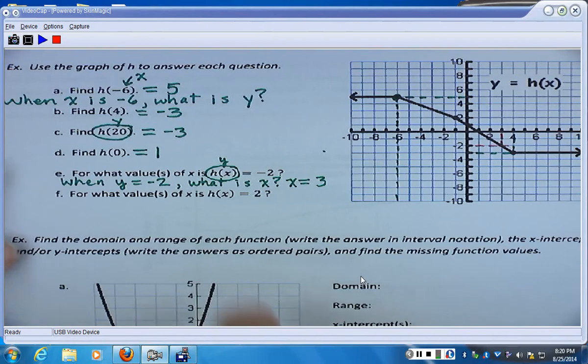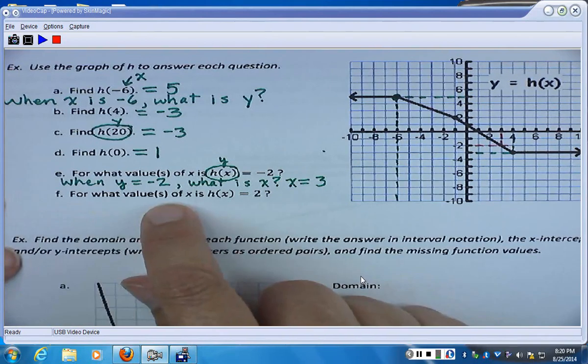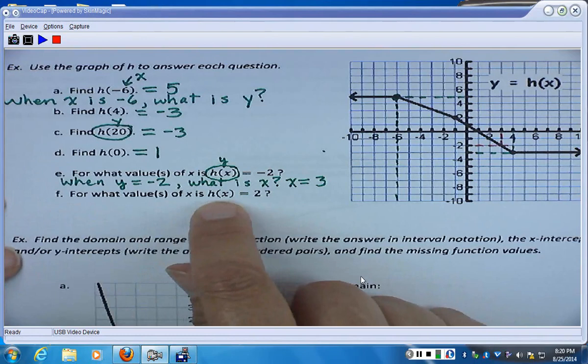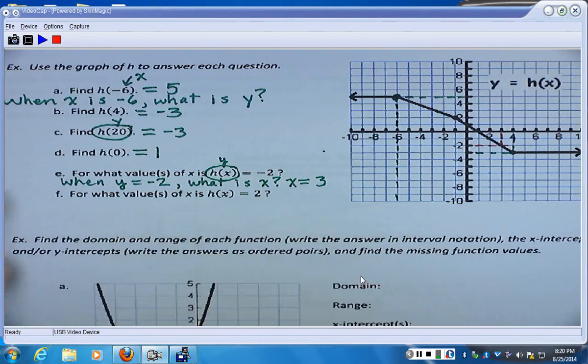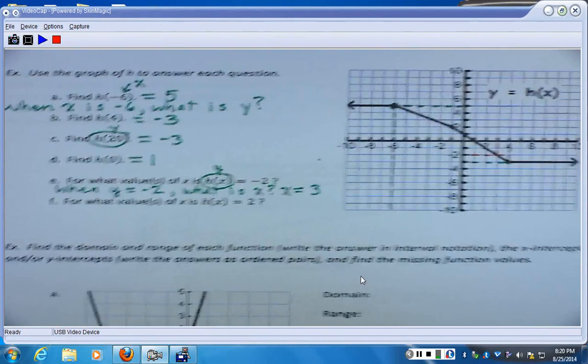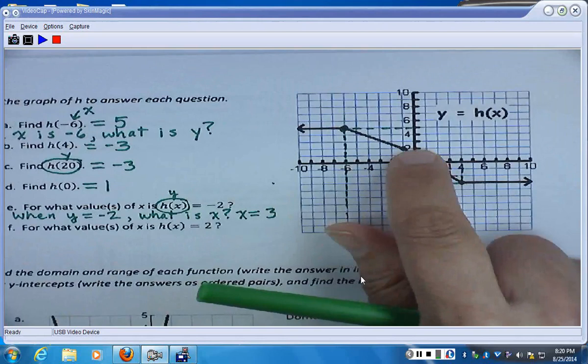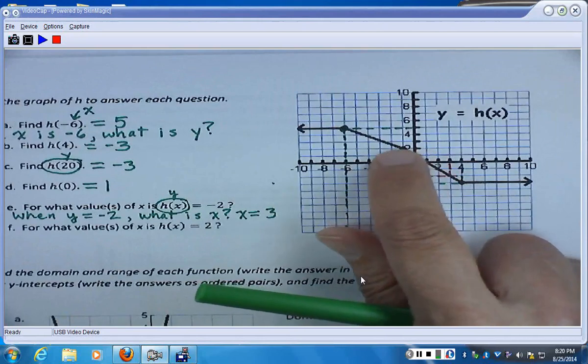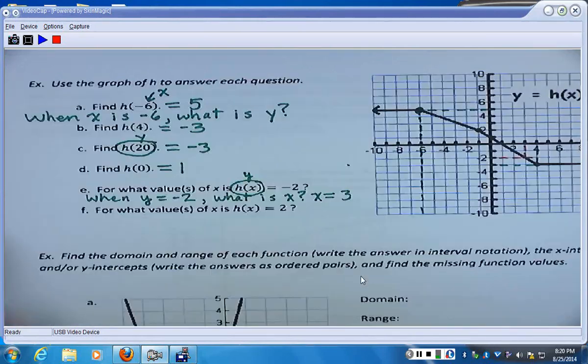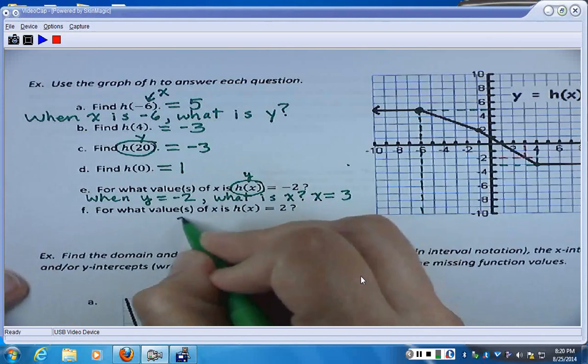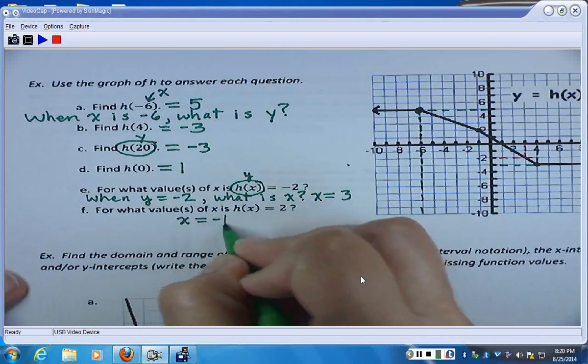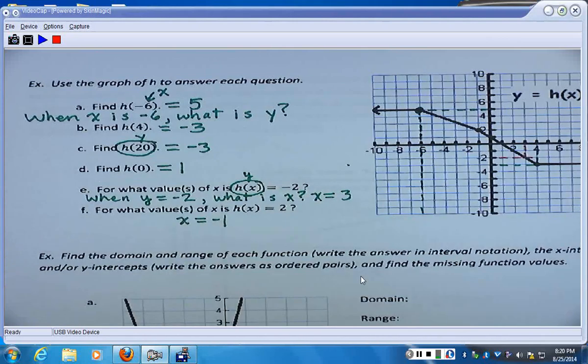For what values of x is h of x equal to 2? So when y equals 2, what's x? -1. Negative 1. So you want to write x as negative 1.